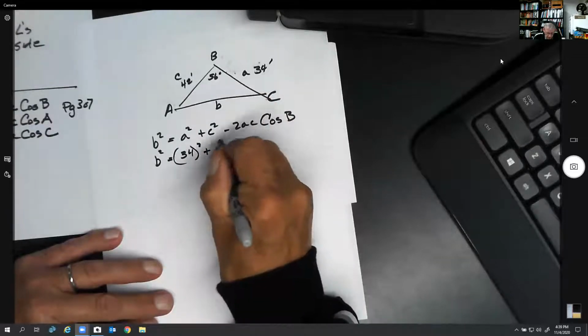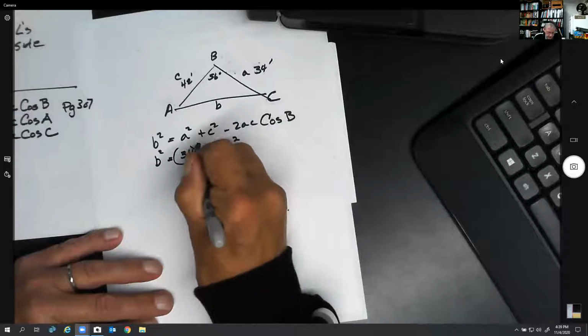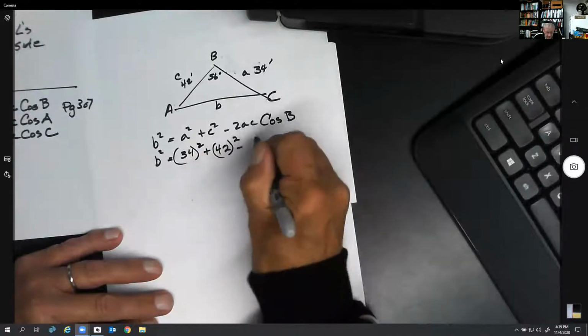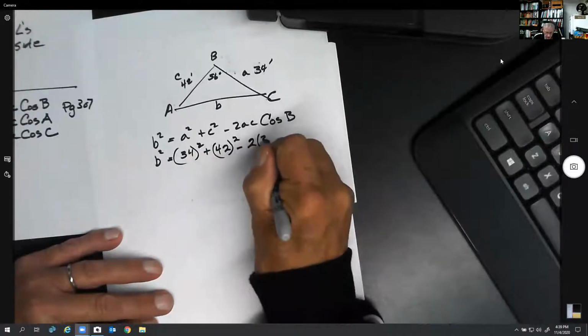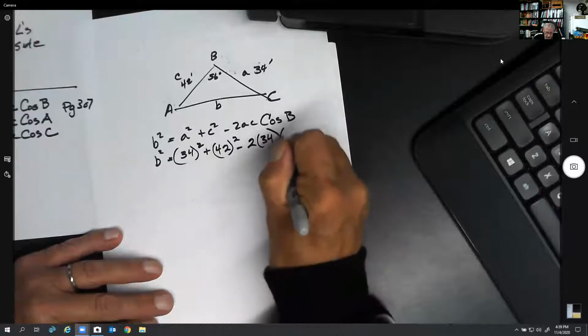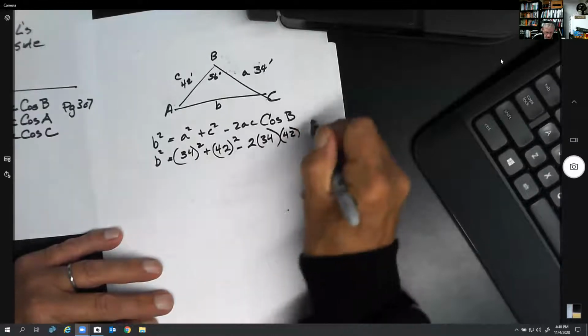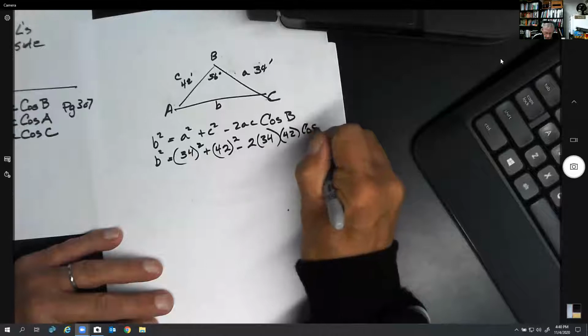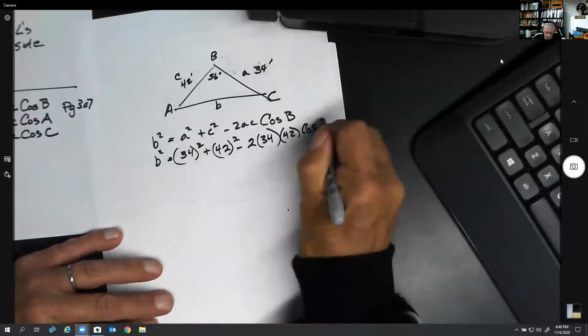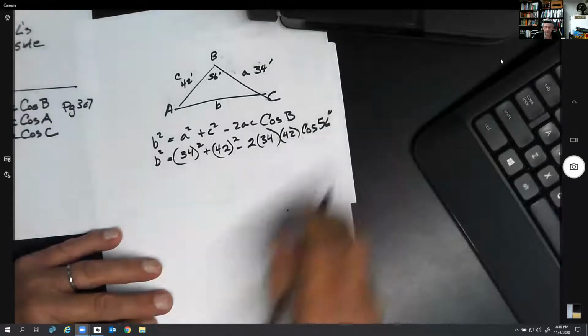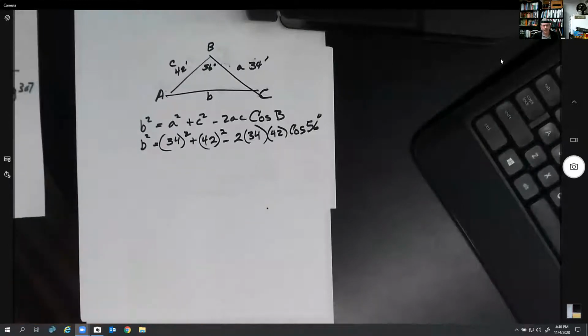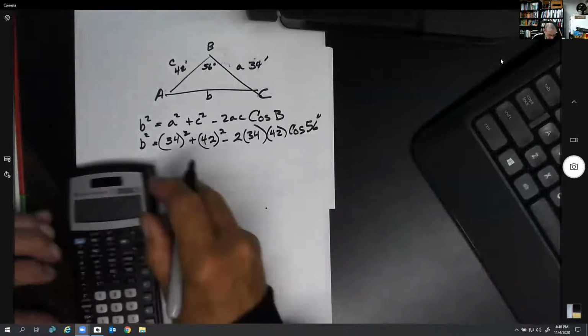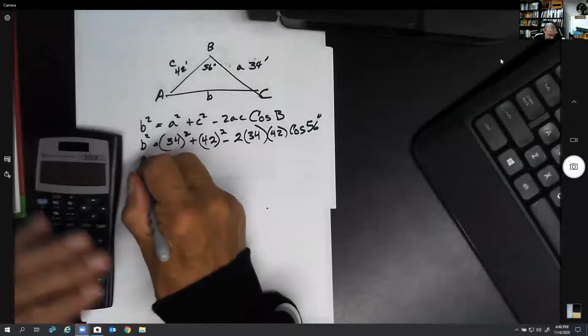So it's a little bit more complicated formula than what we were using. Minus 2 times 34 times 42 times the cosine of B, which was 56 degrees. So this would be our formula. Let's dig in and see if we can solve it.